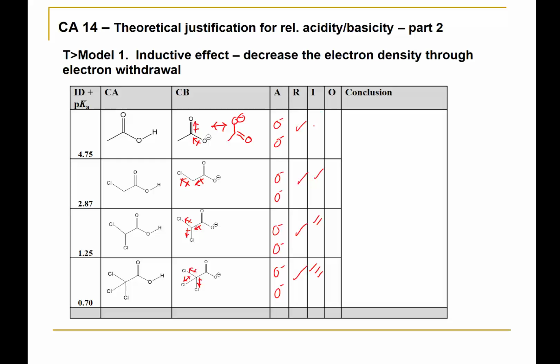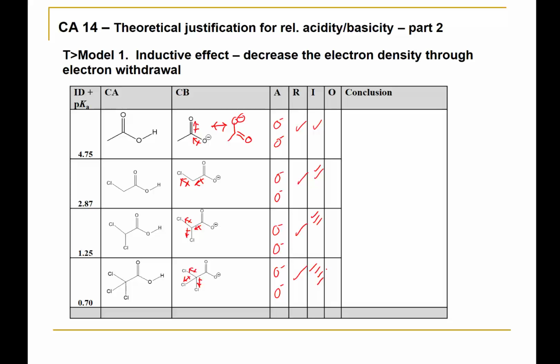So it would actually be correct to put a tick here in the first column for stabilization by induction. But now I'm going to put an extra tick here, an extra tick here, and an extra tick here to show that that effect gets more and more extreme going down the chart.